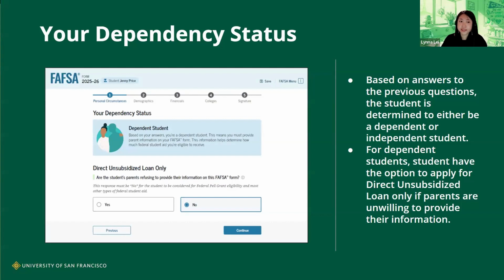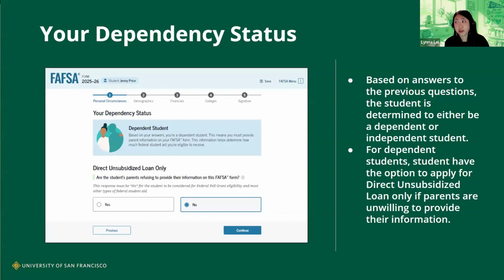For dependent students, they will be asked this question about the direct unsubsidized loan. If students' parents are refusing to provide information for the FAFSA, the student can say so on this application, in which case they will only receive the unsubsidized loan.